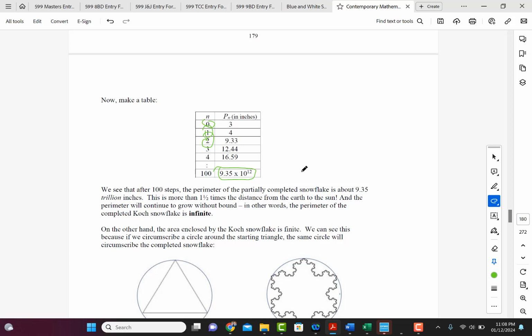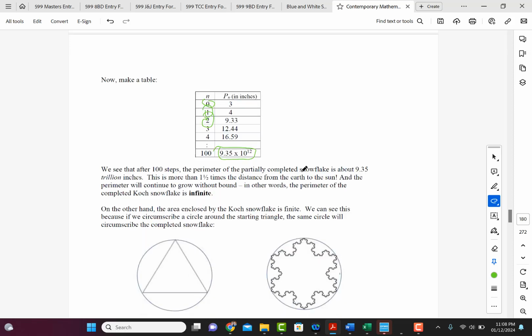And even after 100 steps, the perimeter of the partially completed snowflake is about 9.3 trillion inches. This is more than 1.5 times the distance from the Earth to the Sun, and the perimeter will continue to grow without bound. In other words, the perimeter of this completed Koch snowflake is infinite. It has an infinite perimeter, which is interesting to think about.